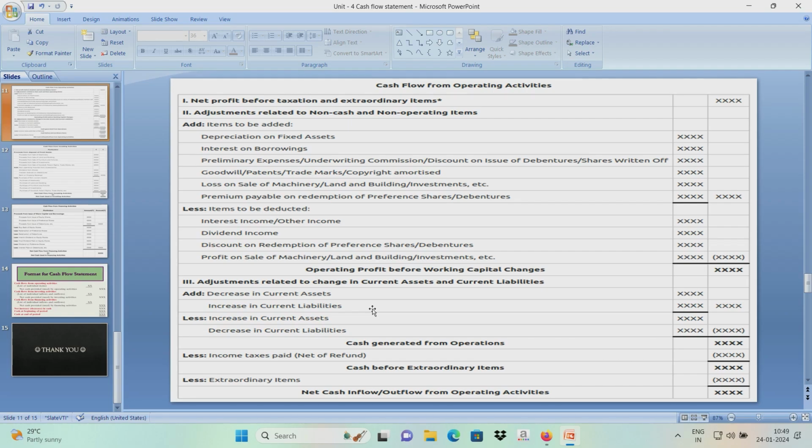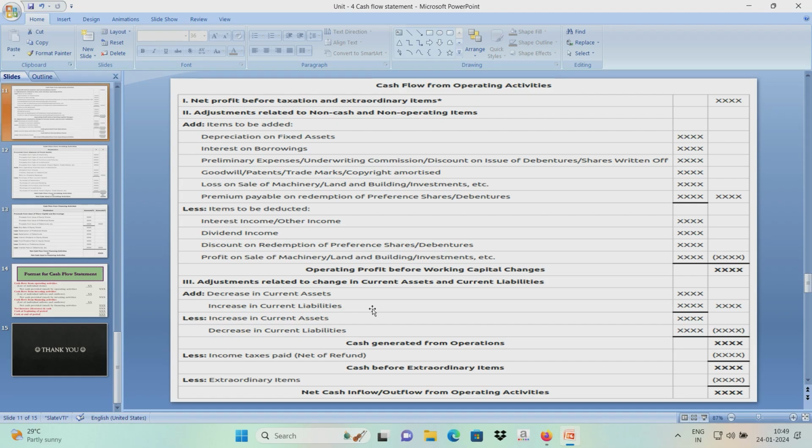So this is a format to ascertain the cash flow from operating activity. First we saw operating activity. So this is the format. We need to start our problem from net profit before tax and extraordinary items, which will be given in our problem. That is where we have to start, and next we need to add all the non-cash and non-operating items.